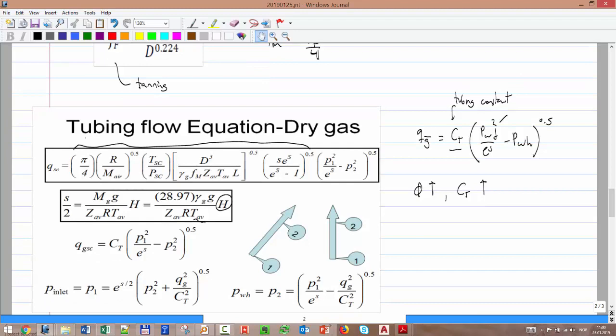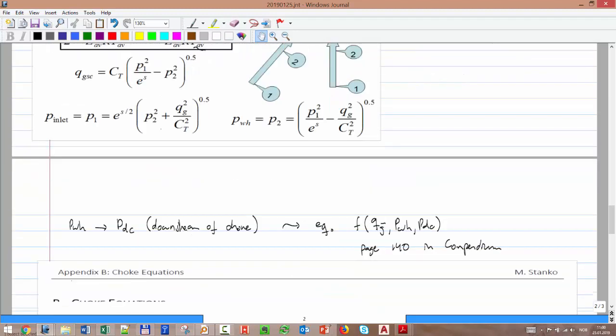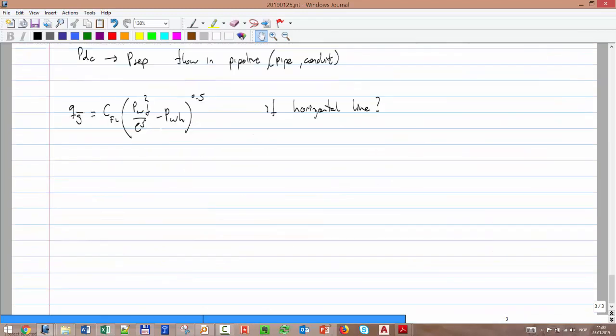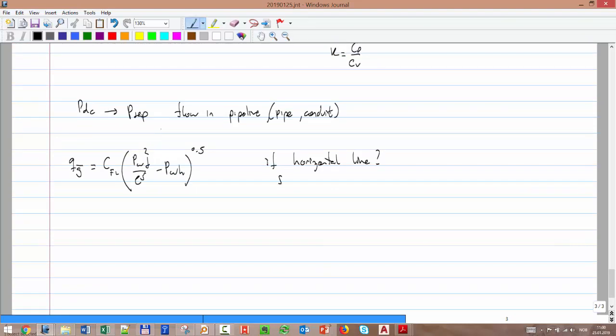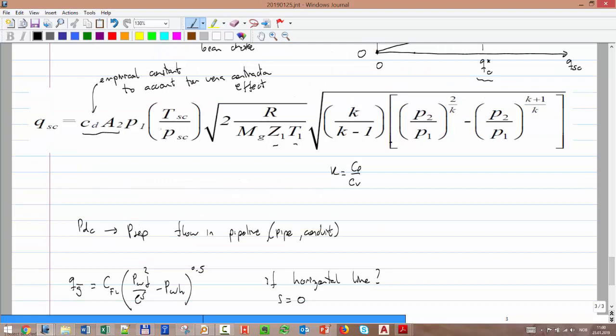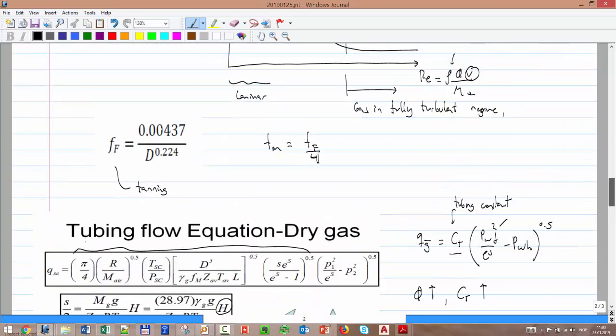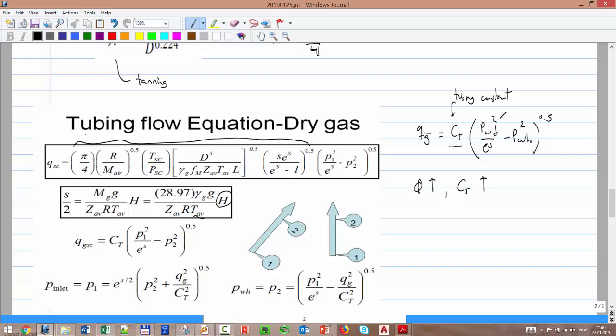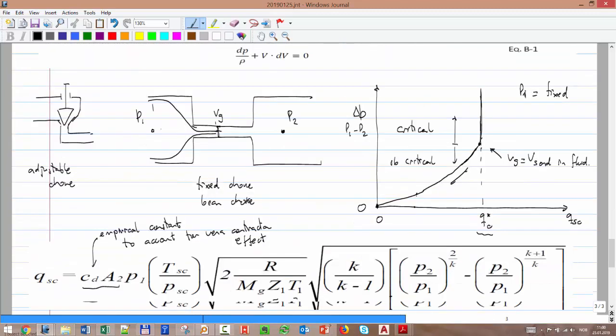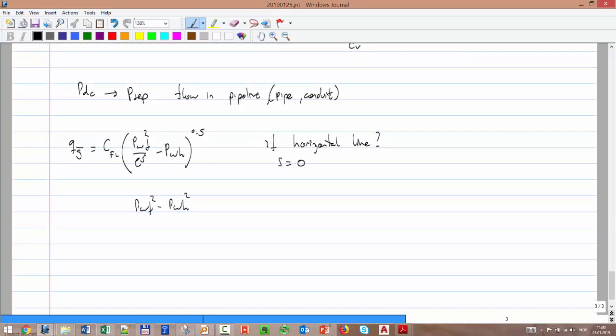If this is 0, simply S will be 0. So let's do that part first. S is 0. Then I just simply have PWF squared minus PWH squared, to the power of 0.5.